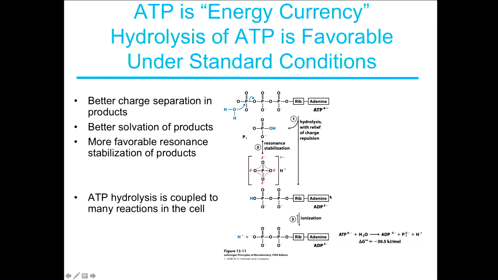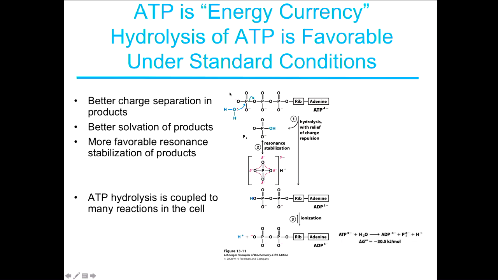So why is this so favorable? Well, this is likely to go forward and less likely to go back because once you've gotten these 2 products, the inorganic phosphate and the ADP, there are features of these molecules that mean they're not as likely to come back together.